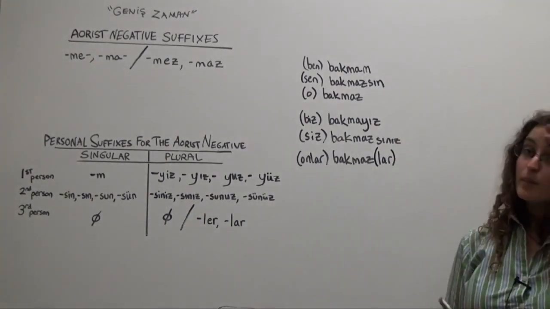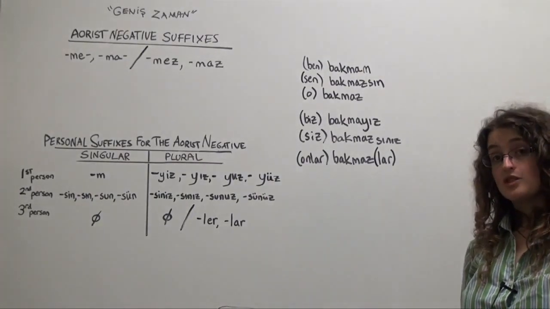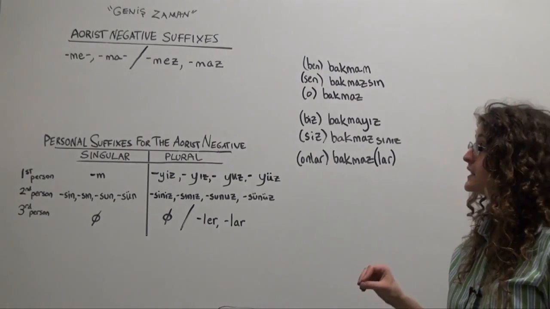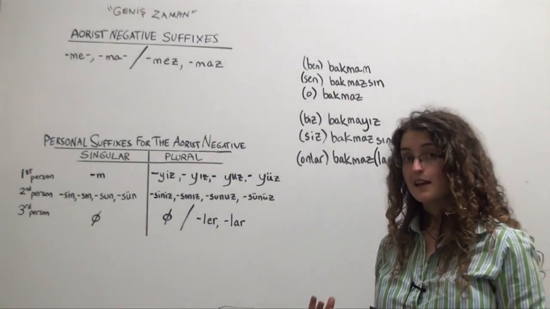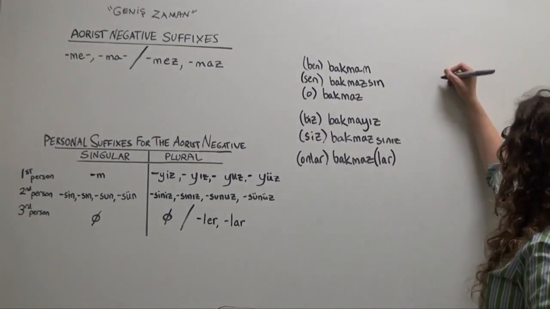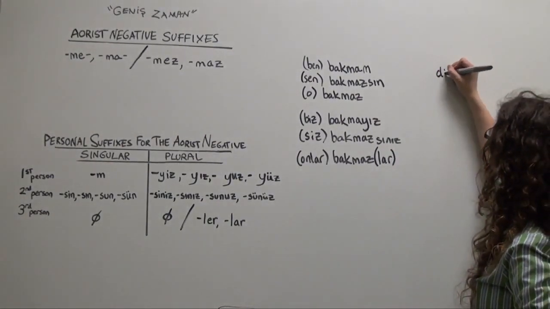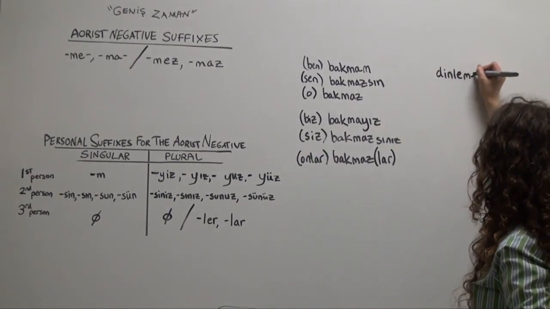Let's look at an example with another verb. Now nothing is going to change in terms of how we form the aorist negative, even if the verb stem we're using ends in a vowel. So it'll be just exactly the same way of forming it. The verb dinlemek in Turkish means to listen.